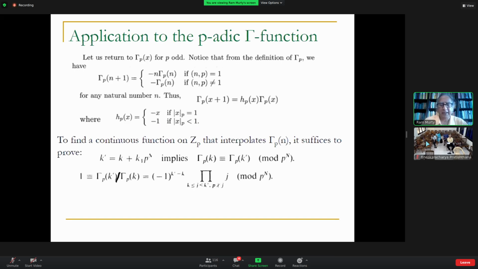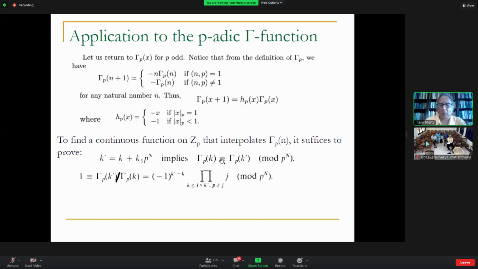So keeping in mind that Gamma_p of x is always coprime to p, because we never multiply by anything which has p as a divisor, Gamma_p of k is an invertible element, and so is Gamma_p of k prime. They're both invertible. So essentially, what does it say?